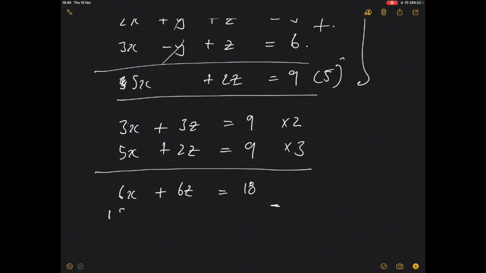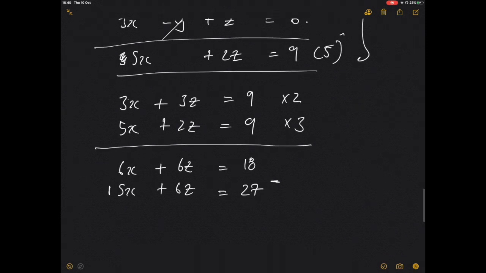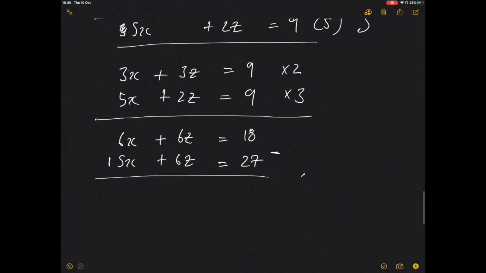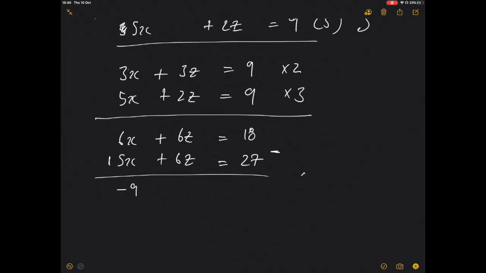We could have 15x on the bottom. We could have 3 times 5 is 15x plus 6z, which is what we're going to get rid of, equals 27. So we say that 6 minus 15 is minus 9. We've got rid of these two here, and we have that minus 9x, and we have that 18 minus 27 would give us minus 9.